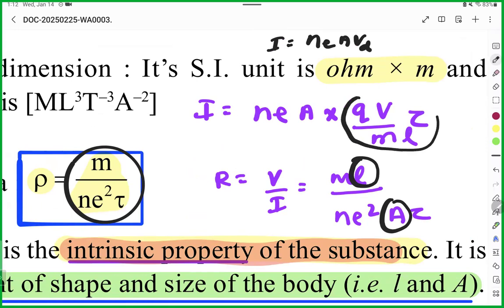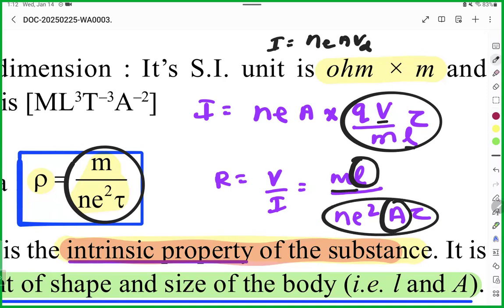Then I wrote the v_d formula. Instead of electric field, I wrote potential by length. And when you calculated V by I, you got m L by n e square A tau. No need to remember the formula, just two steps and you can solve.